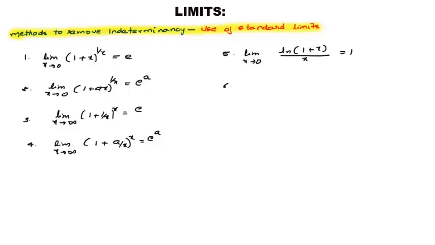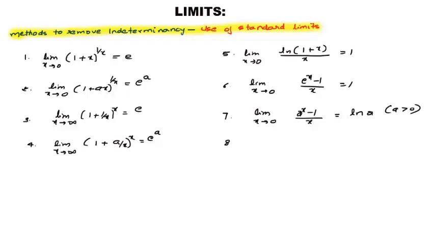Next, limit x tending to 0, (e raised to power x minus 1) by x is also equal to 1. Next one, limit x tending to 0, (a raised to power x minus 1) by x. This comes out as equal to ln of a, where a must be greater than 0.